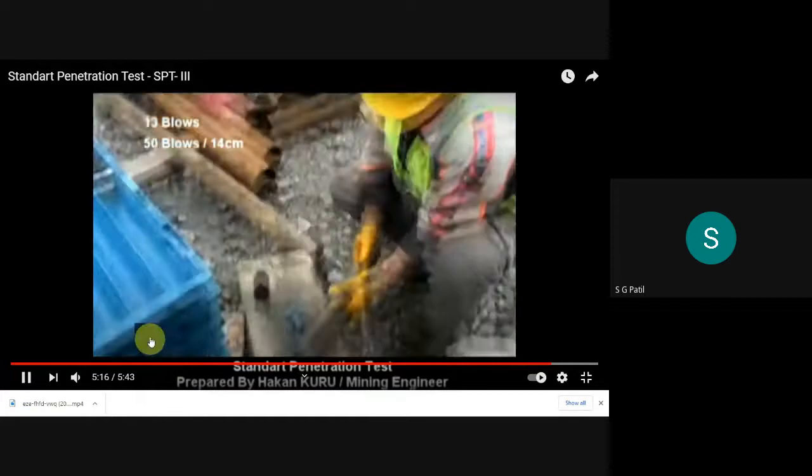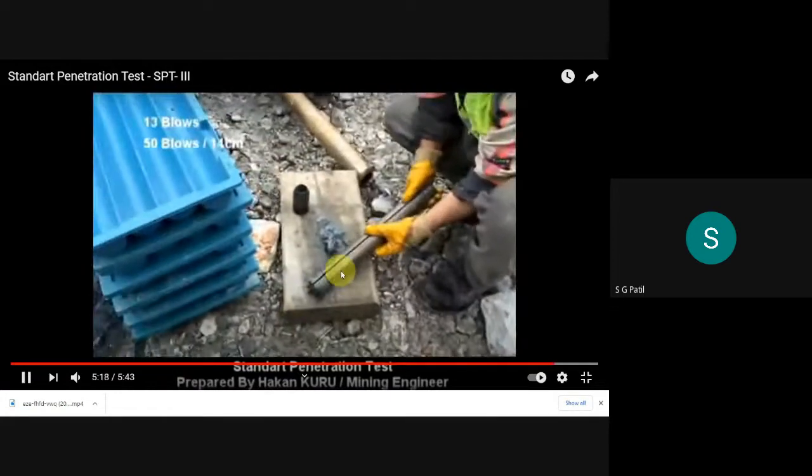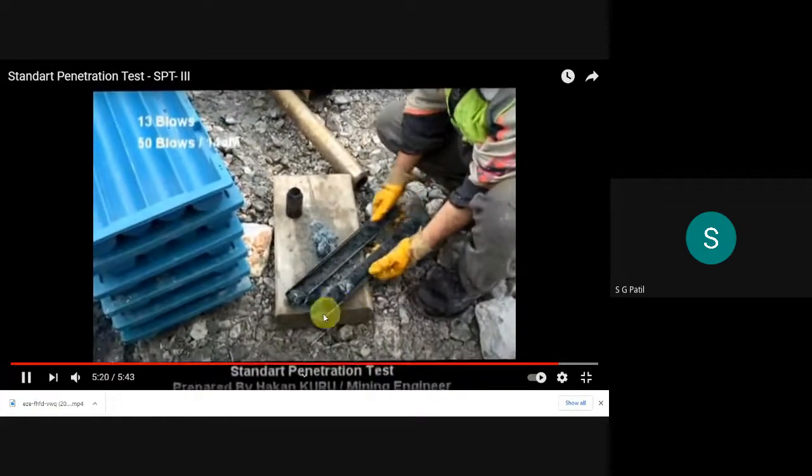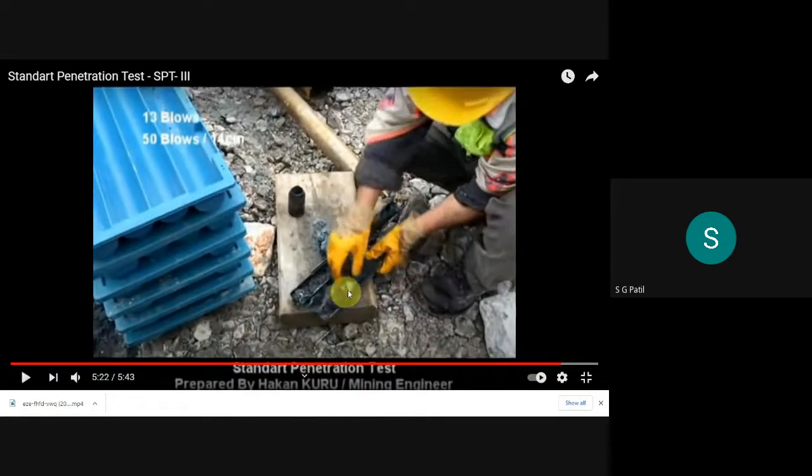This is the driving shoe, and now they will remove this split spoon sampler. So this is how the soil is collected here. Can you see this soil? This soil they will pack in a polythene bag, and then they will send this to the laboratory, and further tests can be done in the laboratory.